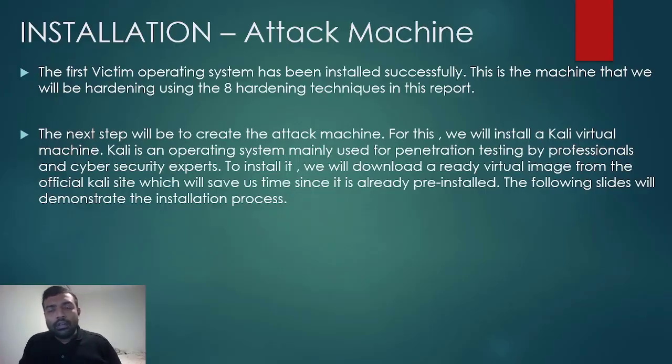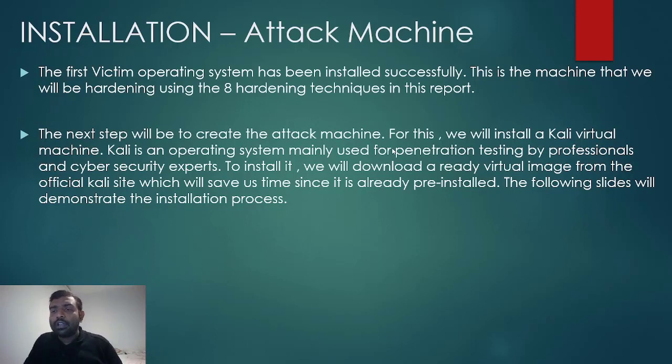So when it comes to installation, the vital part is the attack machine. The first victim operating system has been installed successfully. This is the machine that we will be hardening using the 8 hardening techniques in this report. The next step will be to create the attack machine.